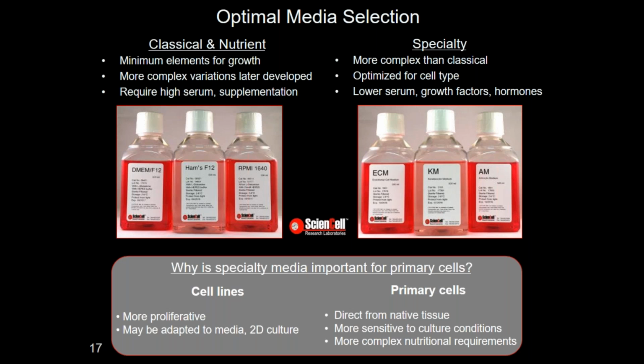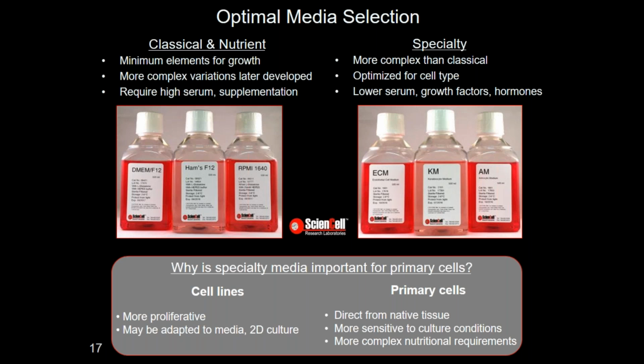So why is it important to use specialty media with primary cells? Well, you want to consider the differences between cell lines and primary cells. As mentioned earlier, cell lines are typically very proliferative, adapted to 2D culture, and tend to be more resilient to culture conditions. Conversely, primary cells are taken from their 3D host tissue and transferred to a 2D environment.